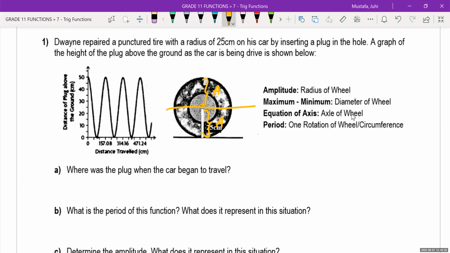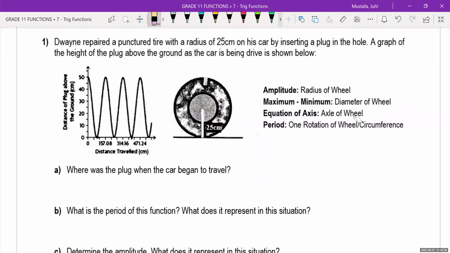From the maximum to the minimum, you can calculate the diameter of the wheel. The equation of axis is the axle of the wheel, which is just right in the middle. And then one period is one rotation of the wheel, which is also the circumference of the wheel. So when the plug goes from top to bottom and all the way at the top, you've traveled one circumference and also a period. So given this information, let's answer a whole bunch of questions.